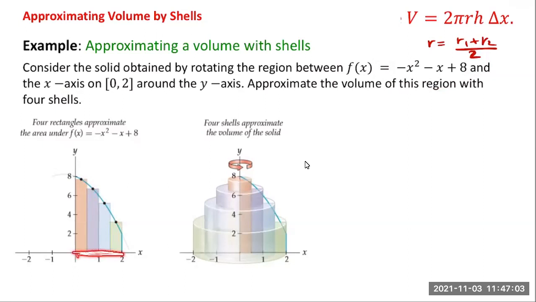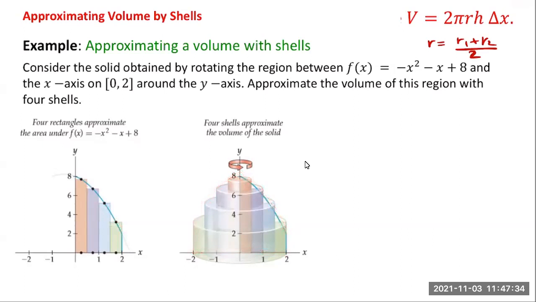Now the region between the graph, the x-axis and the y-axis on that interval would be this region. What you do is rotate this region about the y-axis. Then you get a shape like this. It's very clear that you get a shape like this if you rotate that about the y-axis.